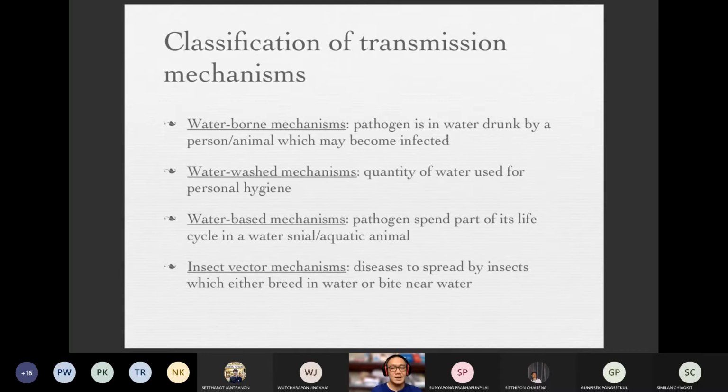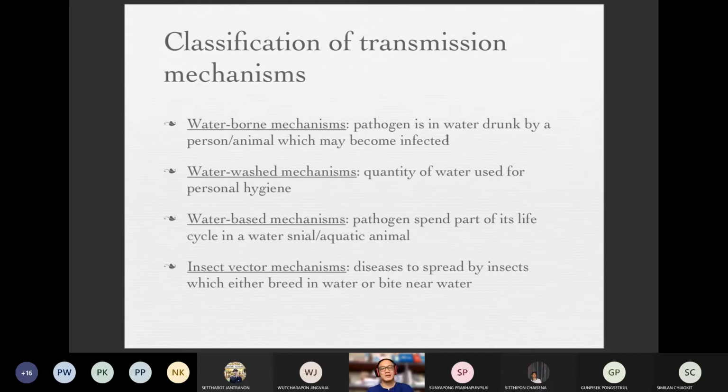The third one is the water-based mechanism. Water-based mechanism is just like the case that I have just talked about. The helminths usually live in aquatic animals or water snails. If we catch these fish or aquatic animals and eat them without cooking properly, then we could be infected by the disease.